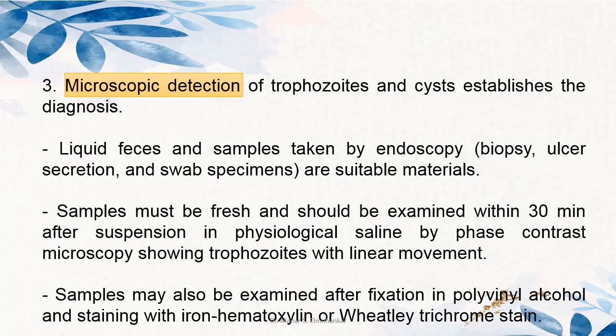Samples must be fresh and should be examined within 30 minutes after suspension in saline by phase contrast microscopy, showing trophozoites with linear movement. Samples may also be examined after fixation in alcohol and stained with iron hematoxylin stain or trichrome stain.